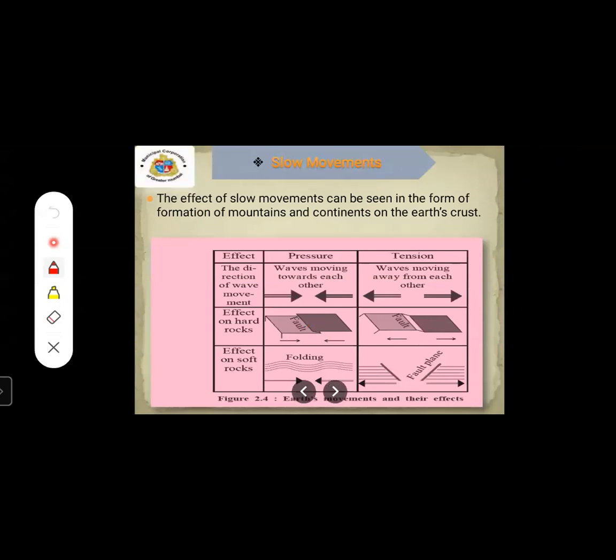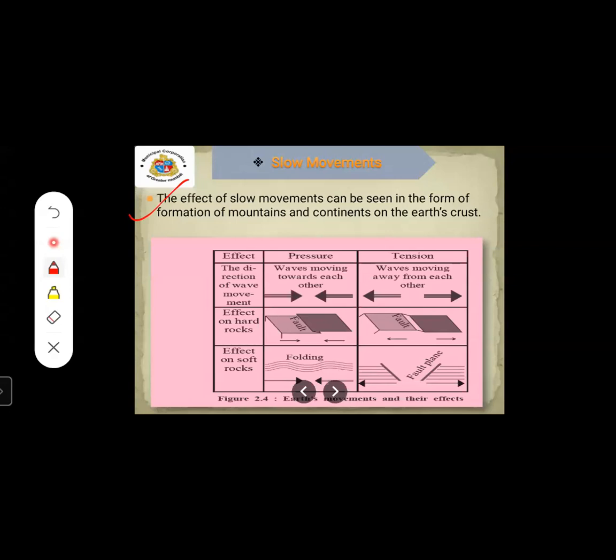Slow movements. The effect of slow movements can be seen in the form of the first movement on the basis of classification, that is velocity, and their first movement is slow movements, and it occurs continuously.